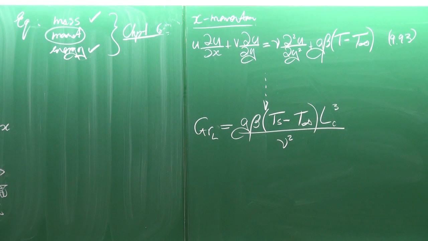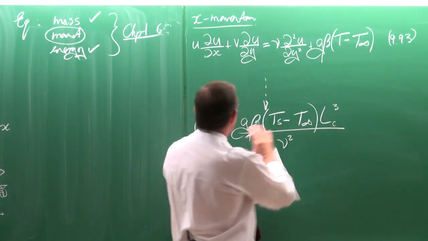What is Lc equal to? Lc is the length of this flat plate, the characteristic length. And this is called the Grashof number.